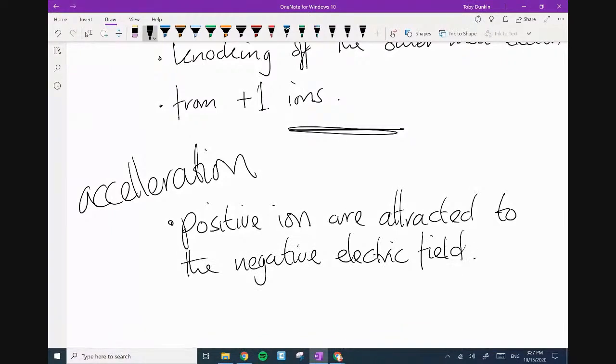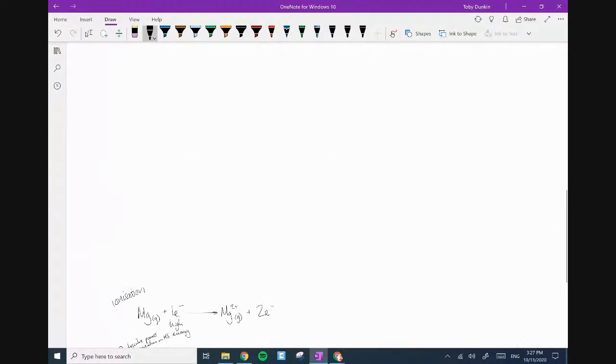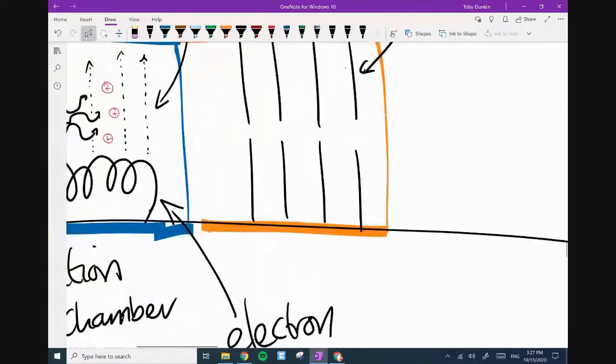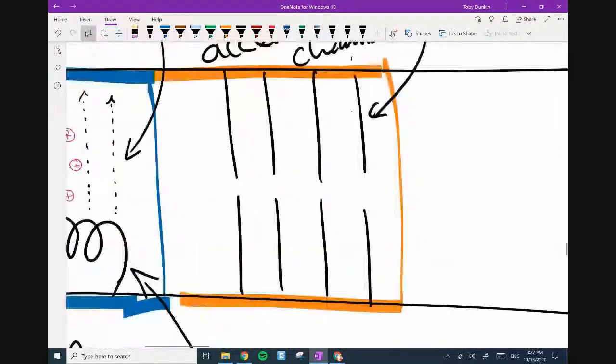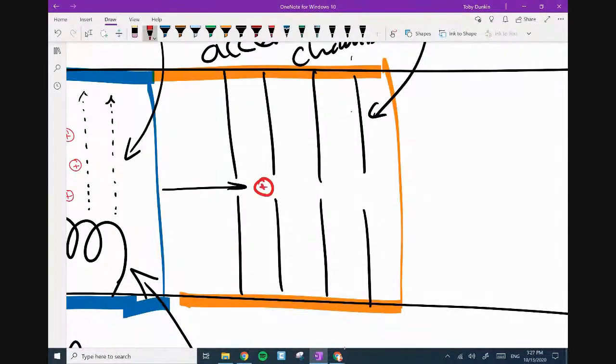Now you'll notice that the plates have a gap in them. This does a really clever trick. When the particles pass through it, the only ones that make it through are the ones that are in a beam. So not only does it accelerate them, but it also turns them into a beam of positive ions, all traveling in the same direction.